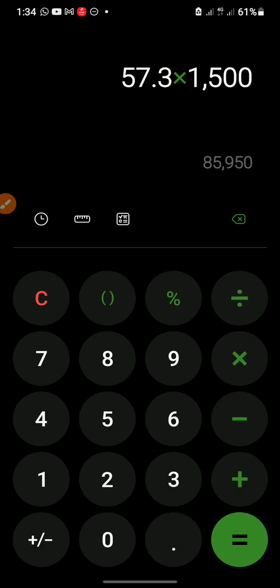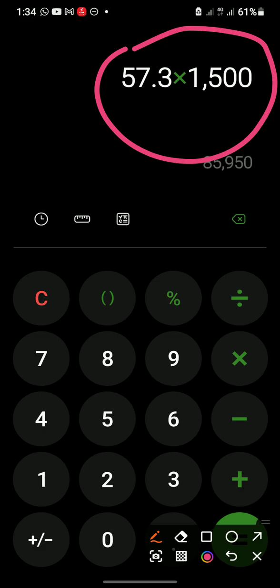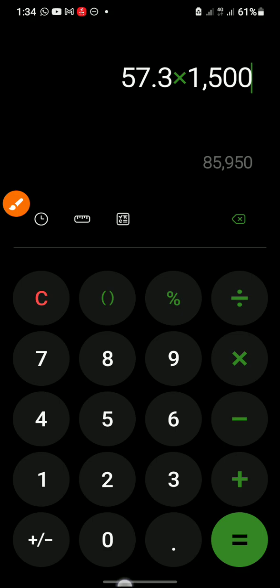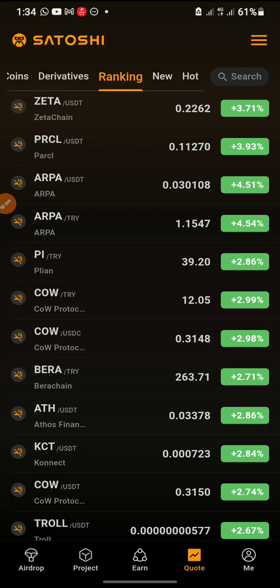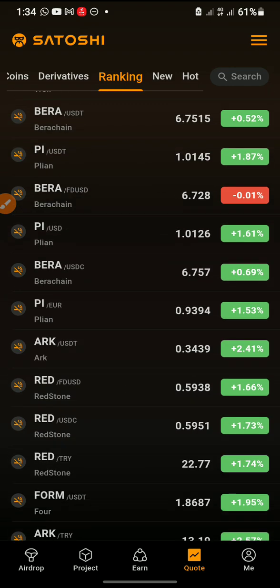I've seen so many people losing because they don't know anything concerning coin. So guys, I'm advising you, when you have coin and the price is already increasing, sell it at that moment that the price is increasing.